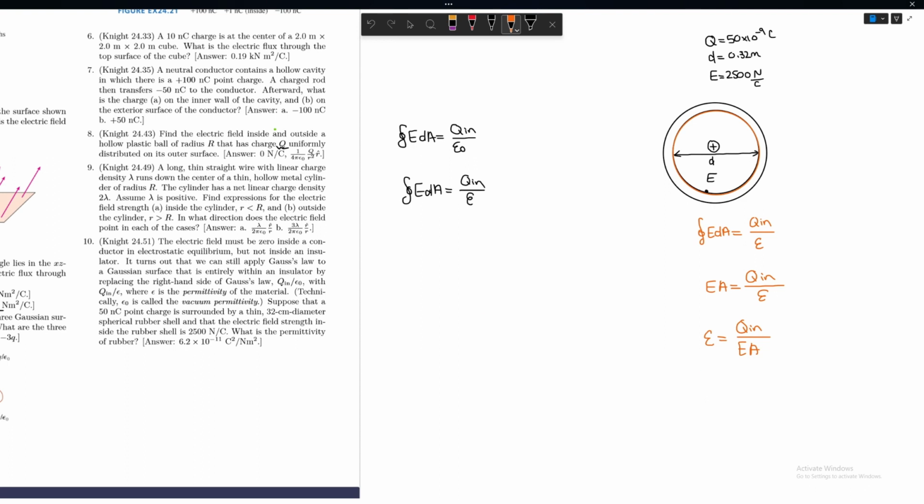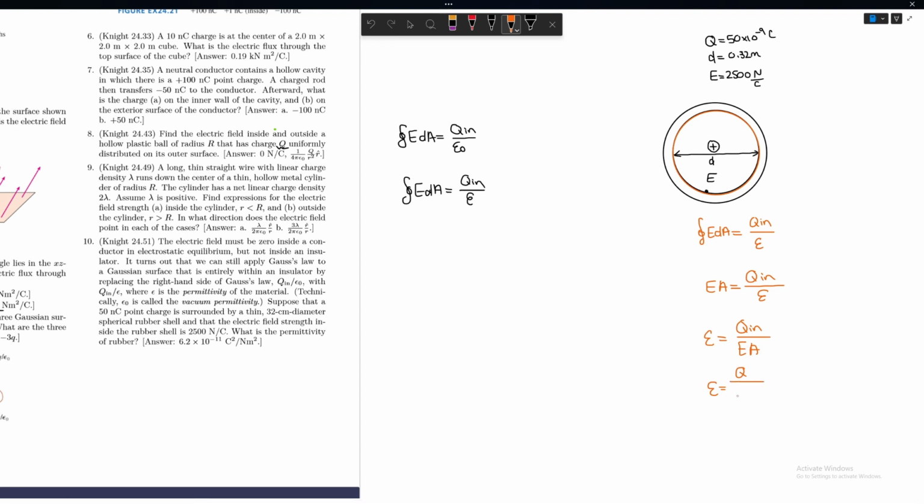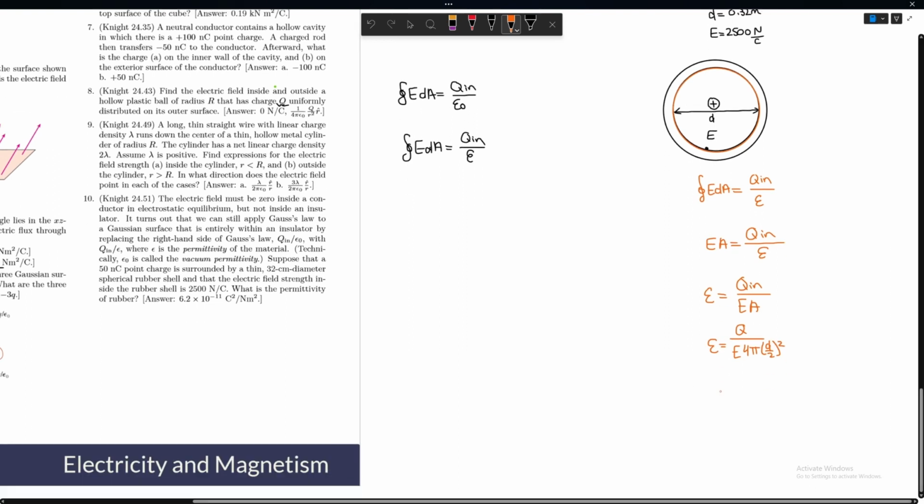Now, what is my area of a sphere? It is 4 pi r squared. So here would be the charge within this sphere. My area is 4 pi r squared, my r being half my D, right?